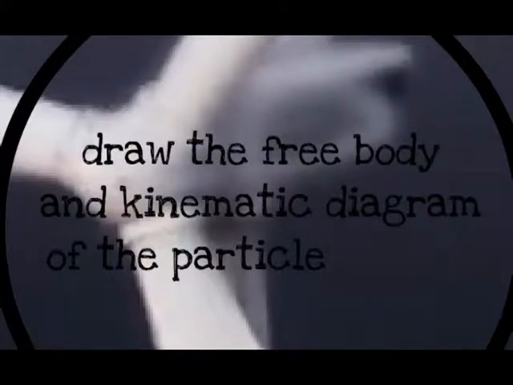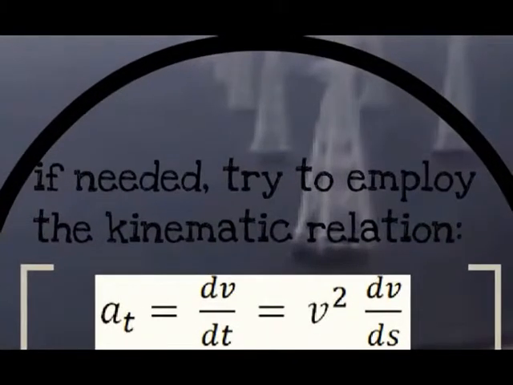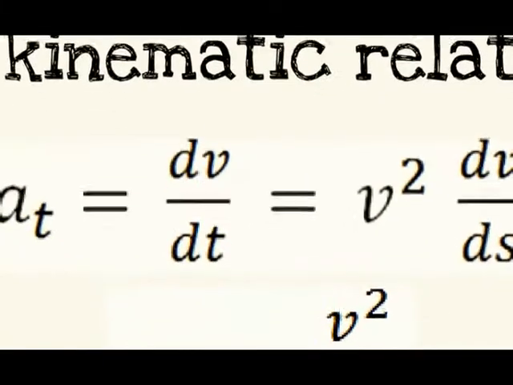Third, draw the free body and kinetic diagram of the particle. The normal acceleration always acts inward, the positive direction. The tangential acceleration may act in either the positive or negative tangential direction. Then, apply the equations of motion in scalar form and solve the derived equations for the unknowns. Take note that it may be necessary to employ kinematic relations.